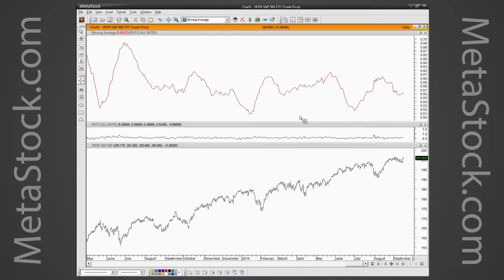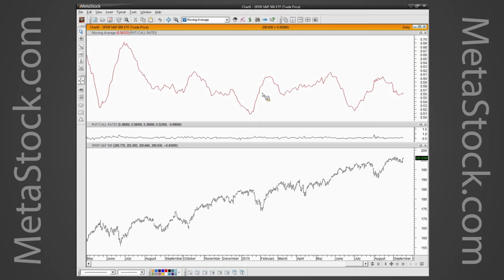What I'm looking at here is that as this moving average of the put call ratio makes peaks and troughs, it can indicate turning points in the market. And the ratio is basically the measure of equity puts divided by equity calls.